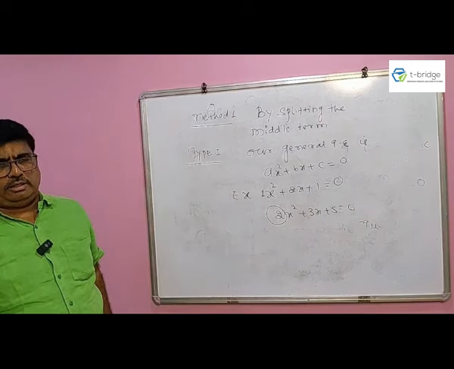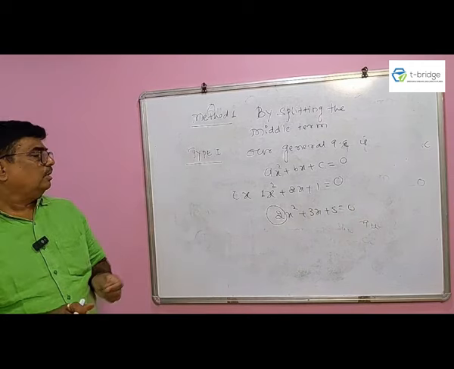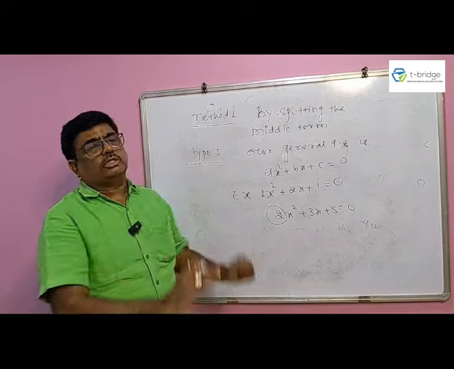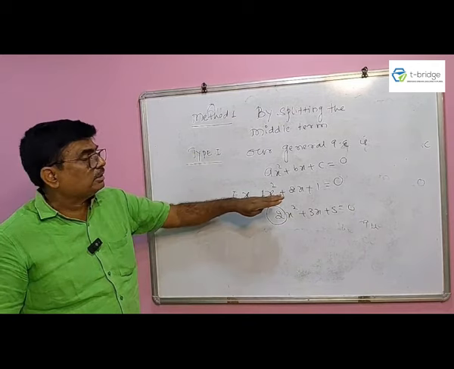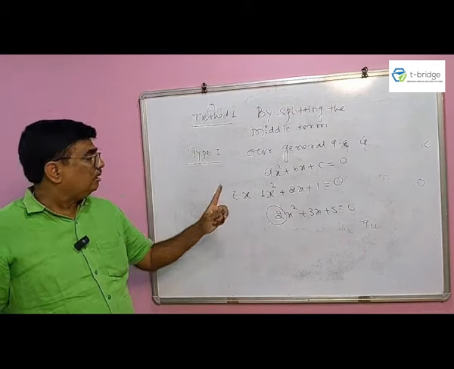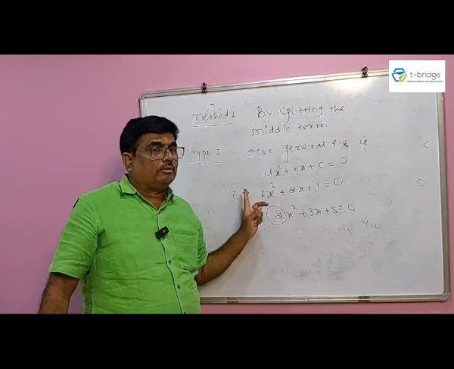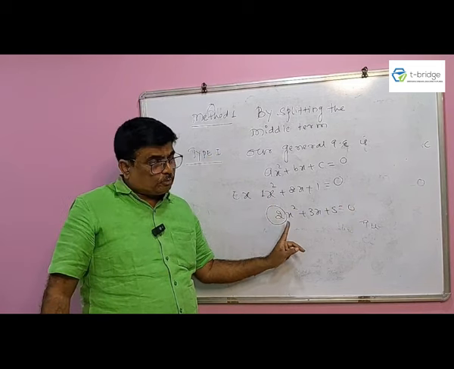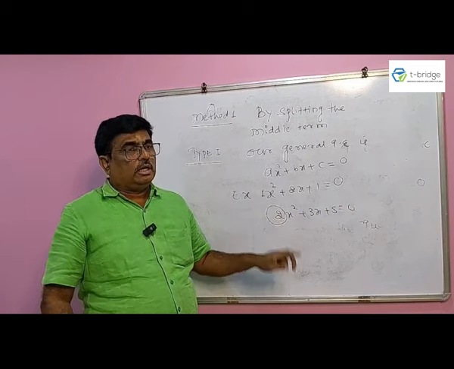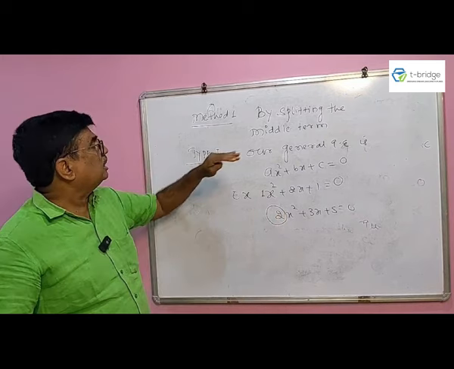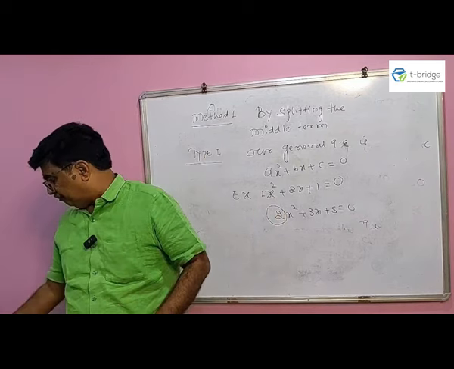This one I divided, it is not in the textbook. For the convenience of the children, to make it easy, I divided as type 1 and type 2. In type 1, the coefficient of x square is always 1. In type 2, the coefficient of x square is other than 1. Now we have to discuss the problem belongs to type 1.